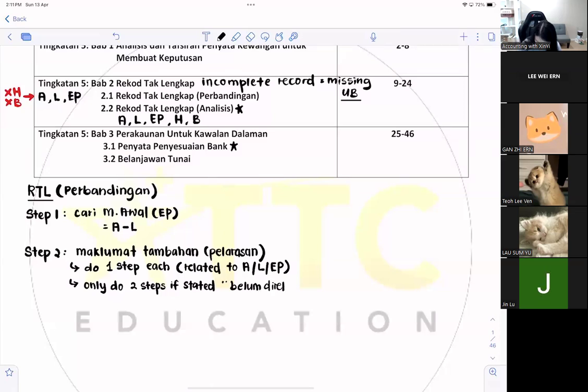So we have to look for keywords lah, okay? And somehow it's not that every time they say belum record means you have to do 2 steps, you know. Even when they say belum record, but you realize that the 2 steps are maybe one asset semasa, one is hasil. What does it mean? You don't need to do the hasil version because we don't need it, okay? So you just focus on what is related to asset, liability, or EP, then we solve them, okay?